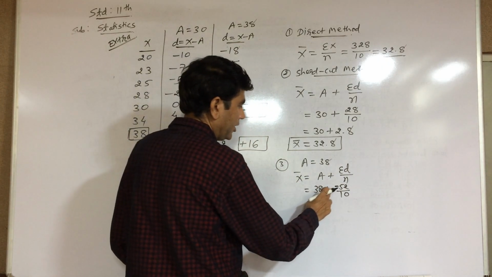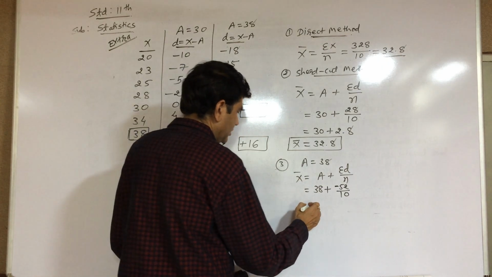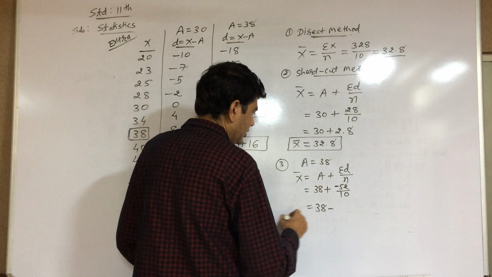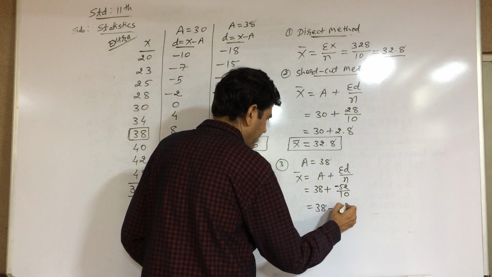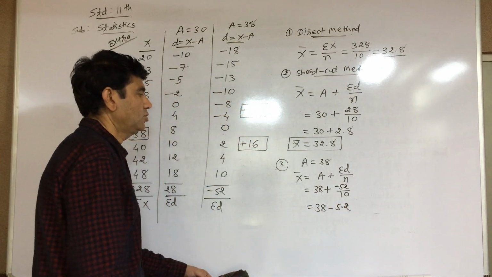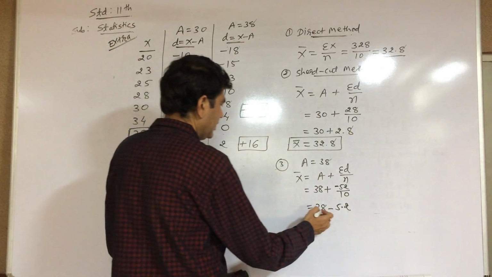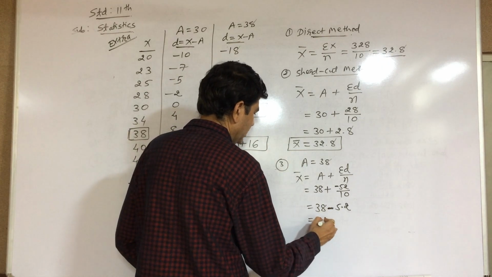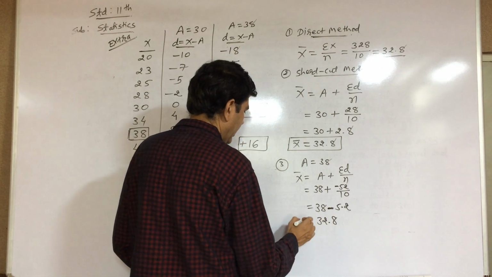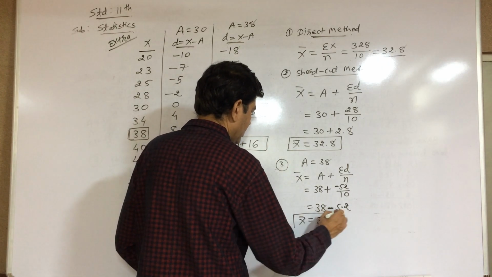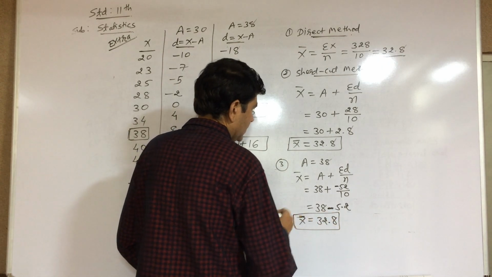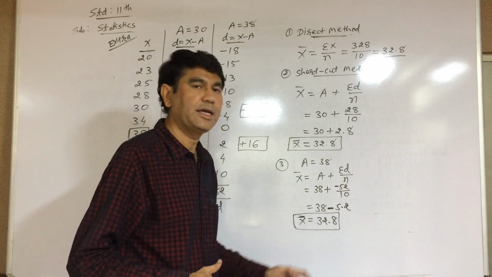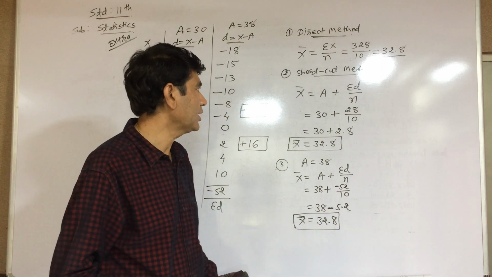Now here plus minus minus, yes, so 38 minus 52 divided by 10, 5.2, and 38 minus 5.2, so answer is 32.8. Verify with your calci. So you can assume any value, the answer will remain same, 32.8.